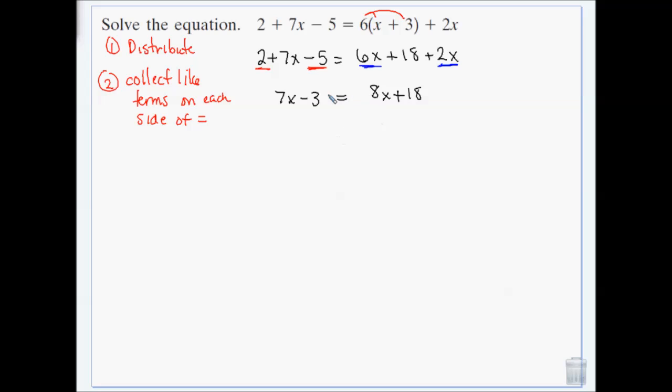Now I decide, do I want a positive x or negative? Positive, I guess we decided we like positives. So I'm going to move x's to one side. So I'm going to subtract this 7x from both sides. 8x minus 7x is just x.